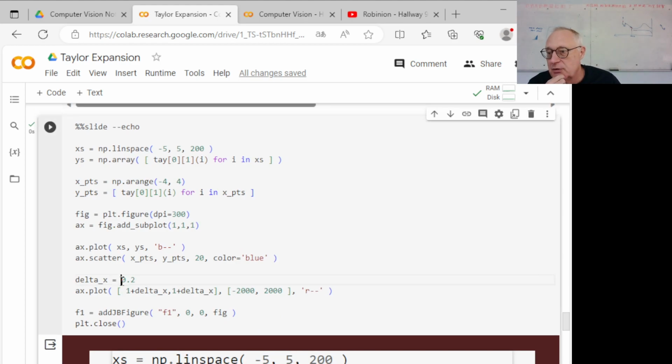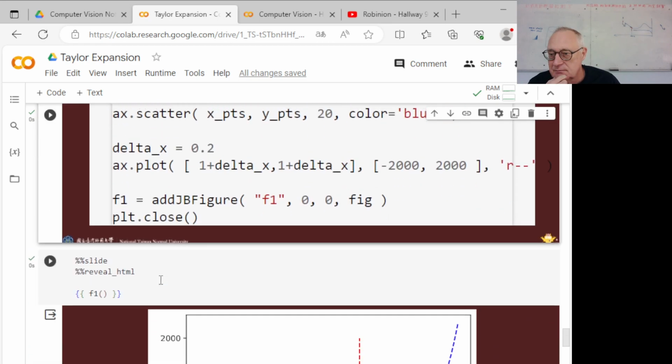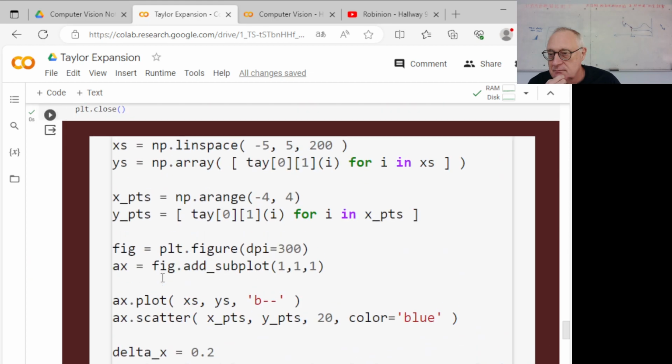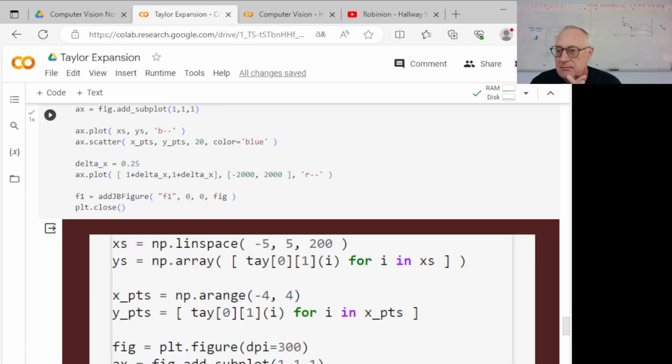Yeah, 1.2, 1 plus 0.2. And I can change that, make that 0.25 to shift the red line a little bit to the right.